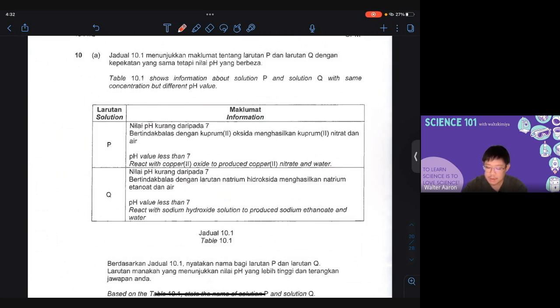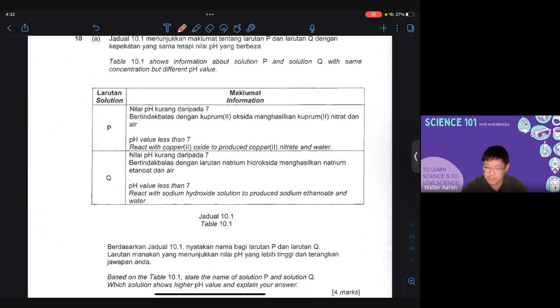And the other one, with pH value less than 7, reacts with sodium hydroxide solution to produce sodium ethanoate and water. So you see properly, right? If it produces a nitrate salt, then most likely P is nitric acid. And the other salt is actually sodium ethanoate. Means this is most likely ethanoic acid already.